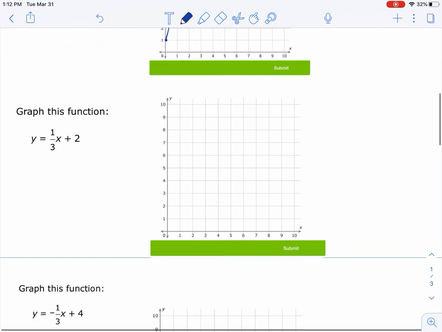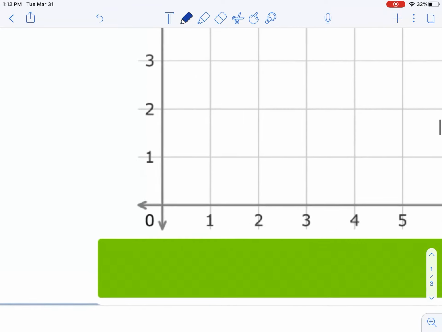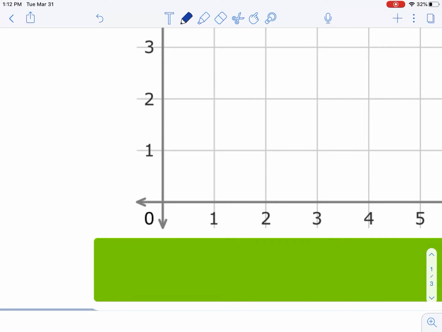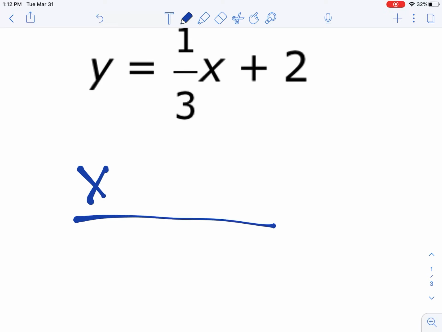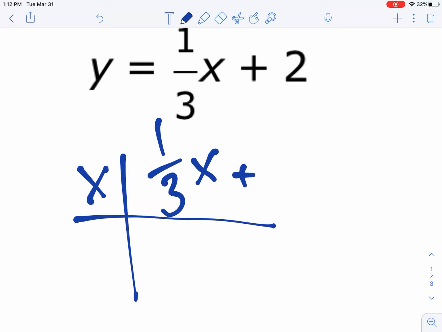Okay. Now, one of the problems that you might end up having is when you have a fraction. So IXL, like if I'm doing it on my iPad, I can put a point at a half, and I can connect them. But IXL doesn't allow you to do that. You need whole numbers. So here's how we're going to do this. I'm going to still make my function table with 1/3 x plus 2, and here's my output.